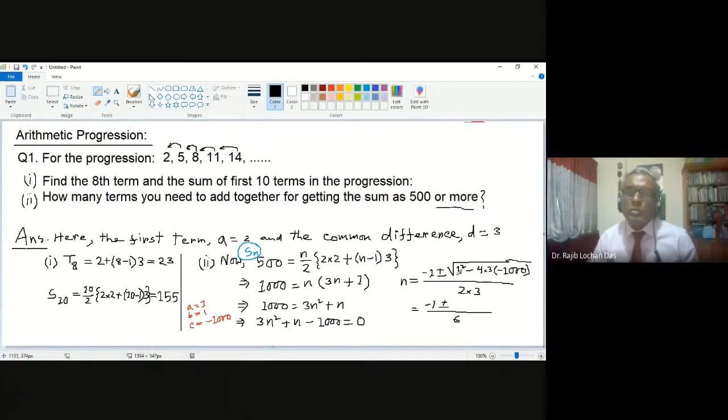So 12,001 root over. What is 12,001 root over equal to? You can use the calculator and find out what the answer will be.